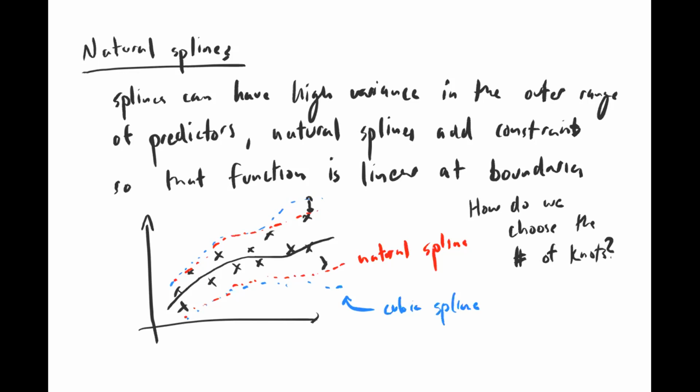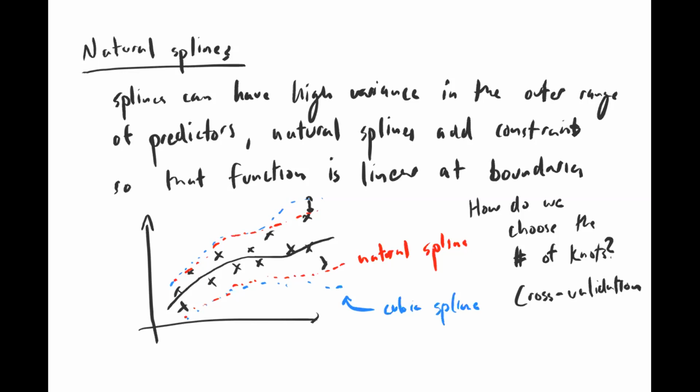If you have too many knots, then you may be overfitting the data, but if you have not enough knots, then you could be biasing your model. So this is chosen through cross-validation. Again, same sort of technique.